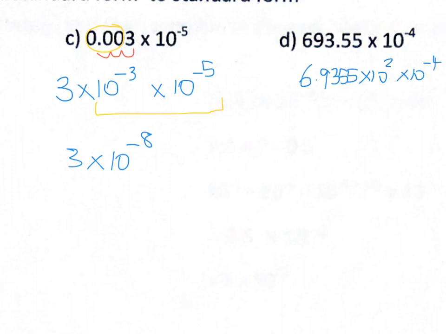What we're doing is expressing 693.55 as 6.9355 times 10 to the power of 2, where the decimal point has moved twice, so the power of 2. Using our rules of indices, we can simplify the 10 to the power of 2 times 10 to the power of minus 4 and write the answer as 6.9355 times 10 to the power of 2.